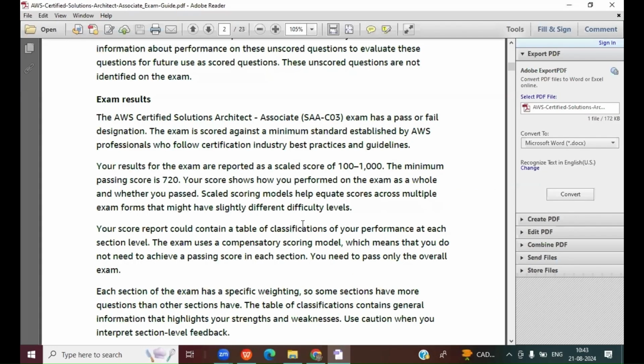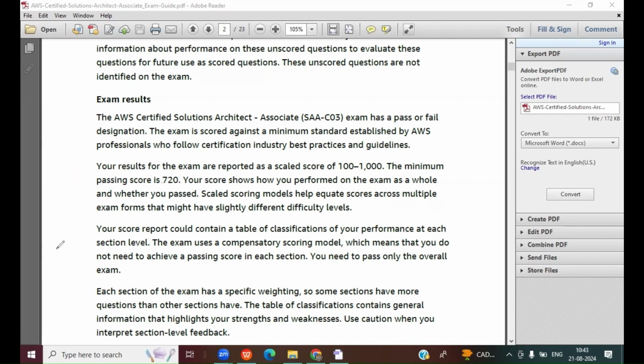Fine. So now, what would be the passing percentage of this exam? If you see here, the results for the exam are reported as a scaled score of 100 to 1000. Basically, the minimum passing score is 720, which means you need to have 72% of the questions correct in order to pass the exam.